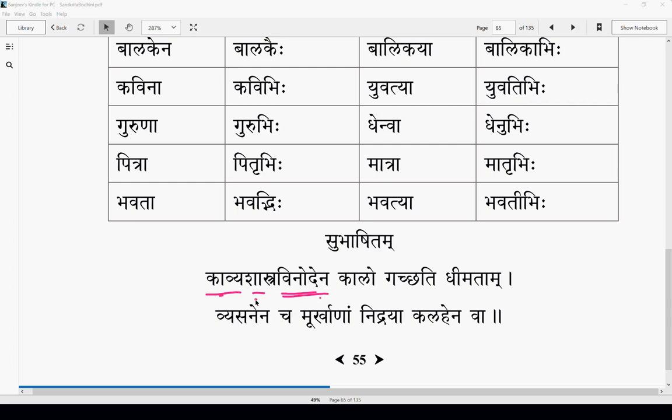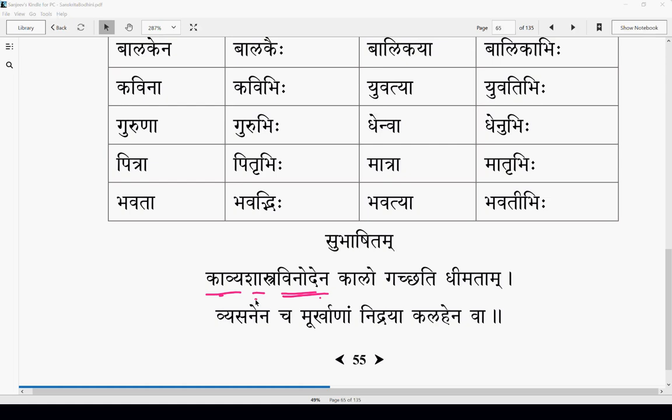So Kavya Shastra Vinodena means with the pleasure, or the happiness you get from the science of poetry. No, it's not pleasure actually. How do I say? Vinoda means, not fascination.